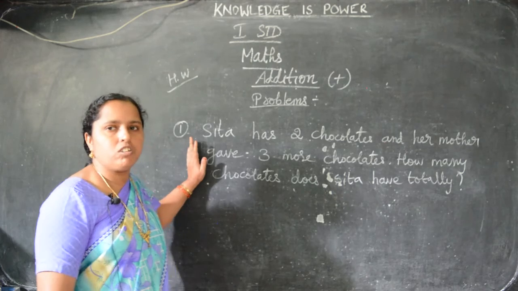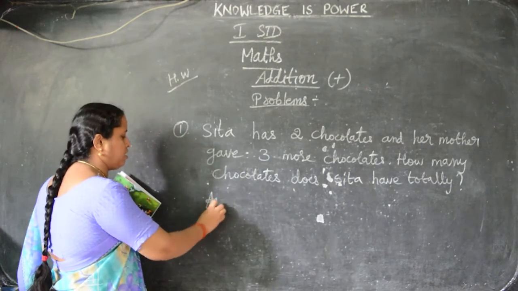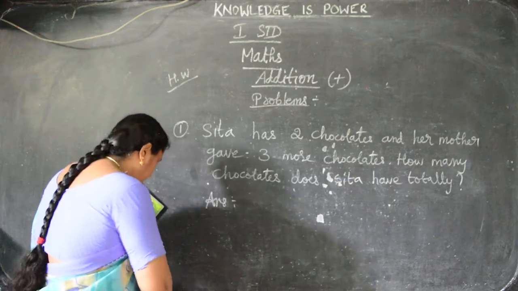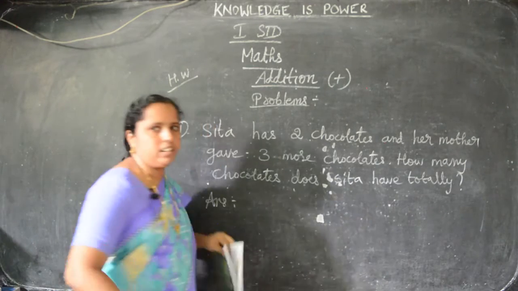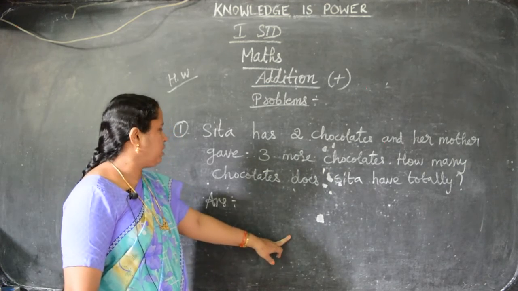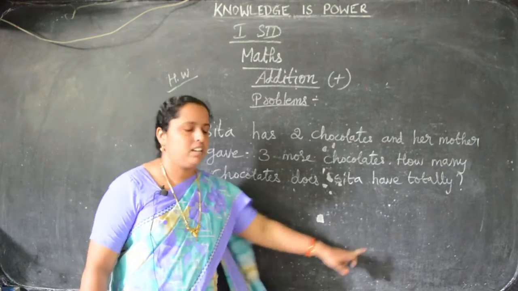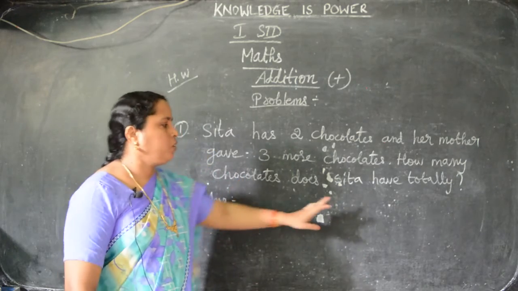For that what should you do? First you should write the answer. Okay. Next, here write Sita is having 2 chocolates. Next, her mother, how many chocolates is she giving? 3 chocolates. And you should add 2 plus 3. For 2, 2 lines.